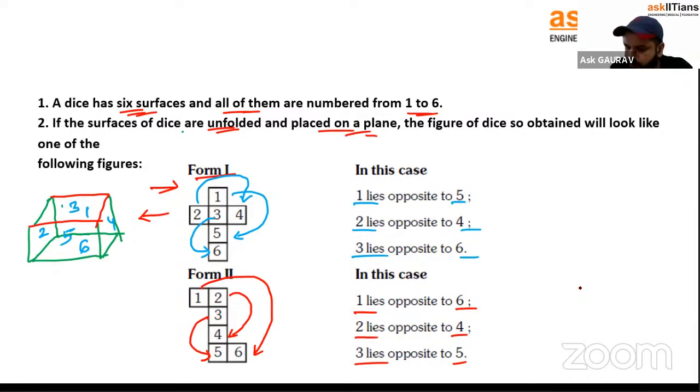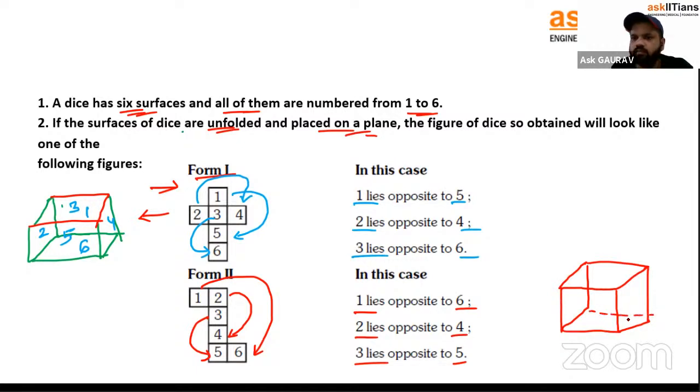If I make a folded one, it will be like, if front is 3, then back is 5, 2 and 4, 1 and 6. Right?